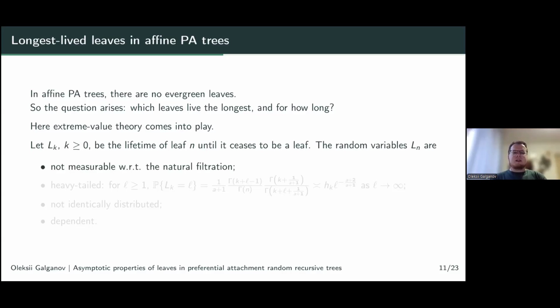First, these variables aren't measurable with respect to the natural filtration, because in order to know the lifetime of some vertex as a leaf, we need to look further in time than just the moment when this leaf was born. Next, these variables have a tail. Also, they are not identically distributed, and they are dependent.